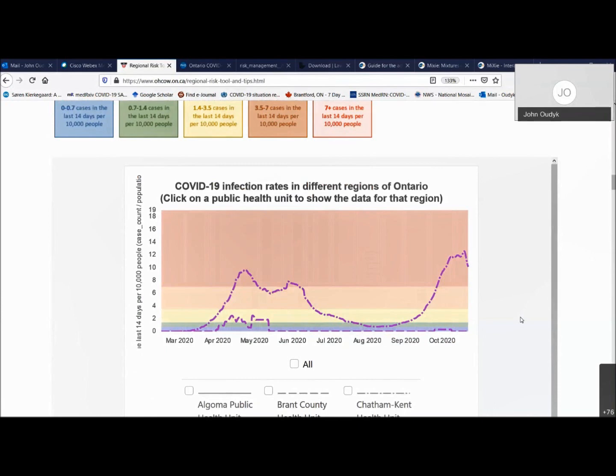When we started looking at this in the summer, people were still generally looking at one approach to fit all sizes. But really, does it make much sense, since Temiskaming has only had one case since May, which lasted in October for 14 days and then came off, to apply all the controls as compared to Toronto?